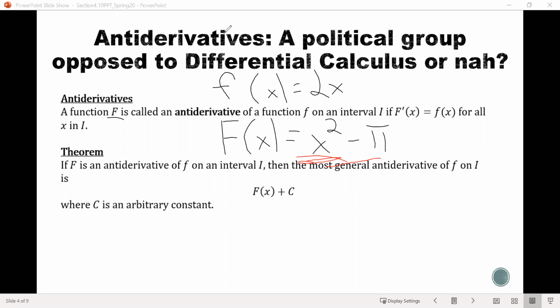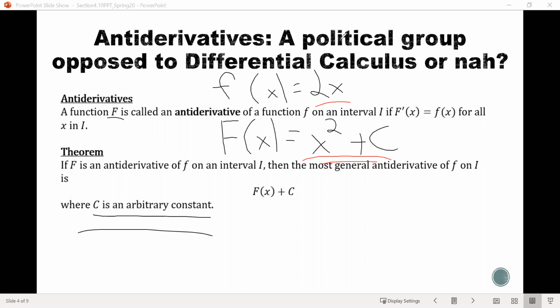So to deal with that, what we do is instead of writing all the possibilities with all the numbers that could ever be added there, we put this plus c, and we're taking a general antiderivative, okay? And as it says below, what that c represents is an arbitrary constant, because without more information, we don't know exactly what the constant was, or if there was a constant on the original function before we took the derivative.